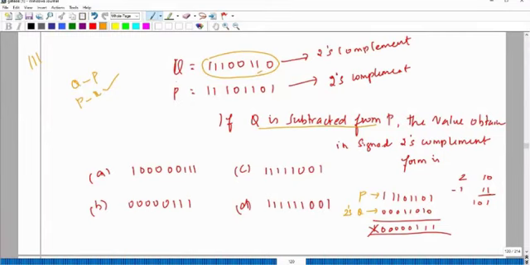After that, I have added 1. So if I add 1, I will get 1 followed by 5 zeros, 1, 1. I can omit the carry now. So the answer is 7. So answer is B.